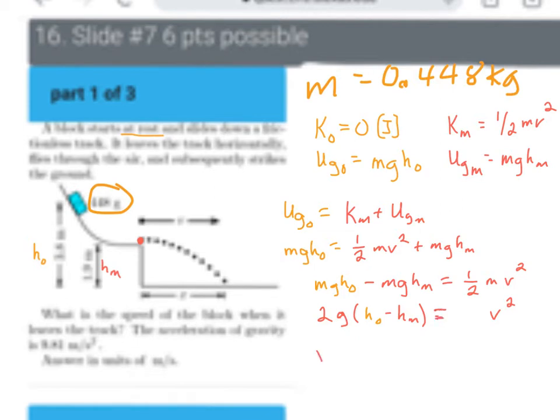And since we're solving for the velocity, this is a velocity in the middle as it leaves, that's the square root, parentheses, 2 times gravity, parentheses, the original height minus the height that it's leaving, the height in the middle. Close both sets of those, and from here we can plug in our numbers, get an answer.